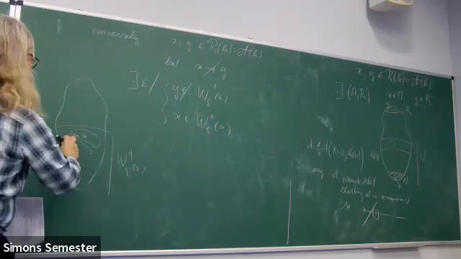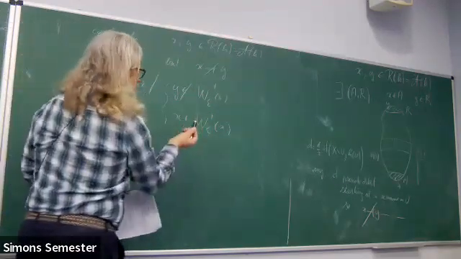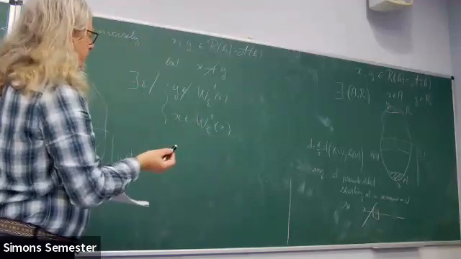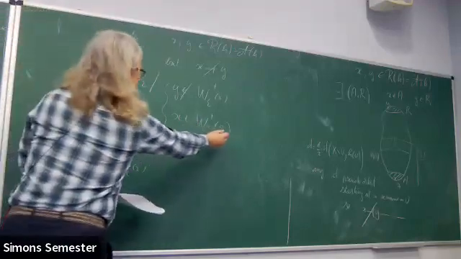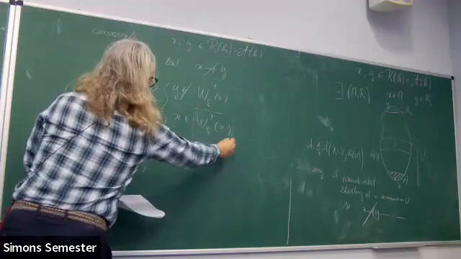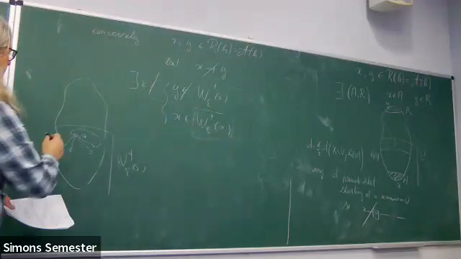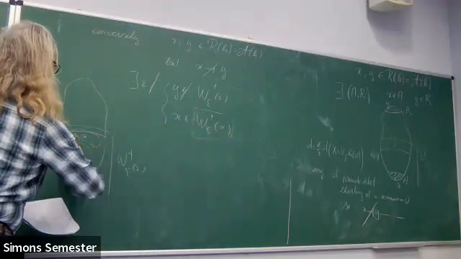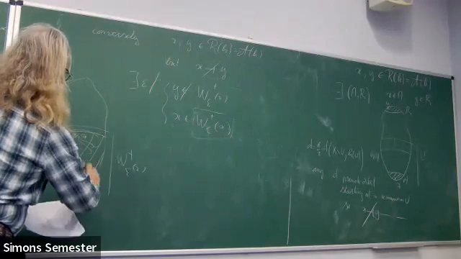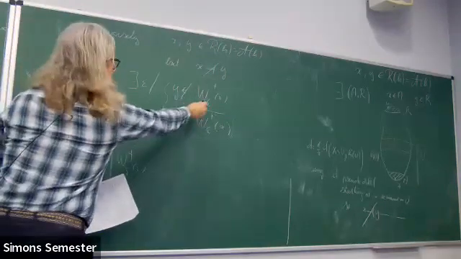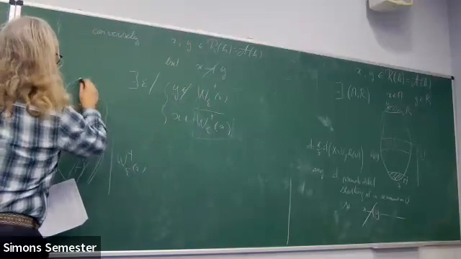On the attractor, x has to belong to the attractor or to the repeller. But it belongs to the trapping region here, so it can just be in the attractor. So I have the attractor here. And y does not belong to the trapping region, so y has to belong to the repeller.